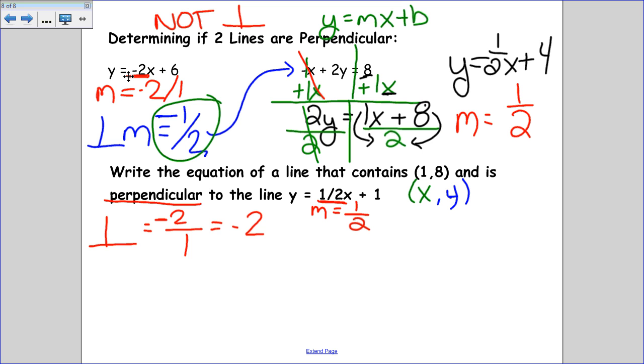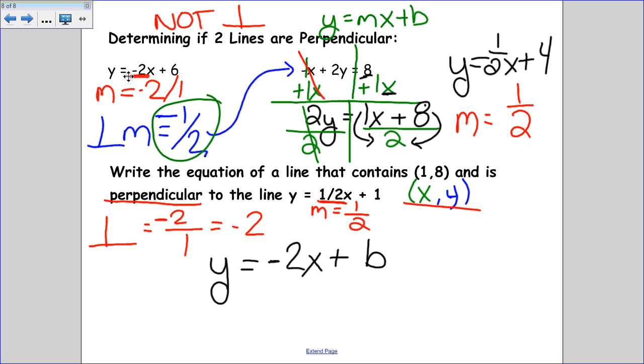All right, so let's plug in what we know. Our equation is going to be y equals -2x plus our y-intercept. Did they tell us? Nope. So we'll just have to say b. Now, can we solve for our y-intercept so we can complete the equation? Well, they gave us an x and a y, remember? So let's plug in our x and our y.